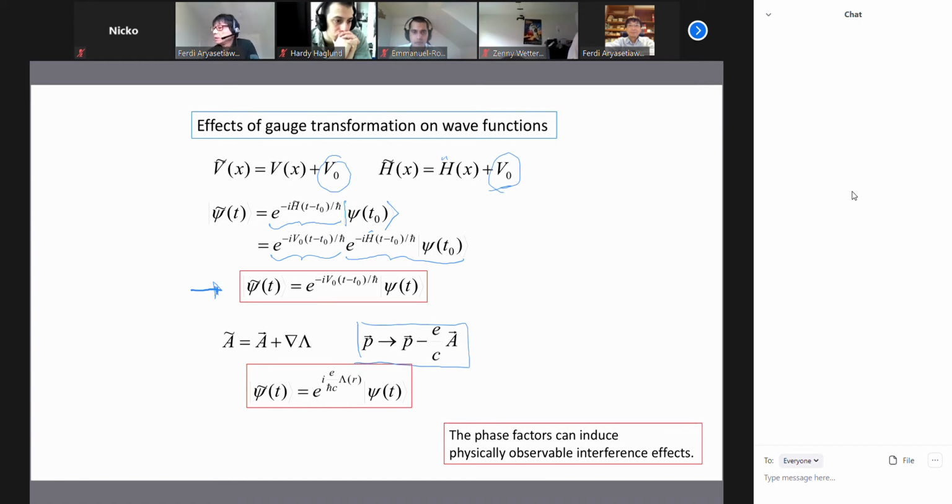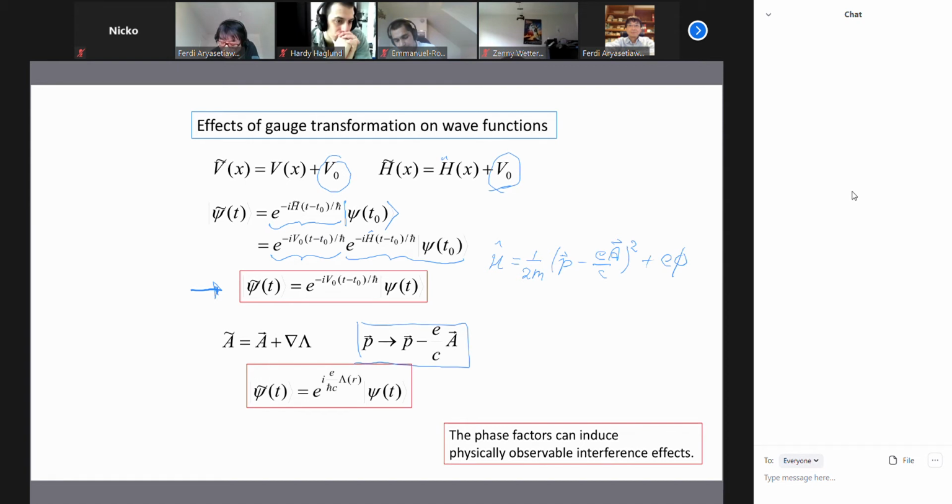So let's see what happens to the wave functions when we do this transformation. We have the Hamiltonian in general, which will be equal to the kinetic energy, where we have to replace this, squared, plus e phi. So phi is the potential.